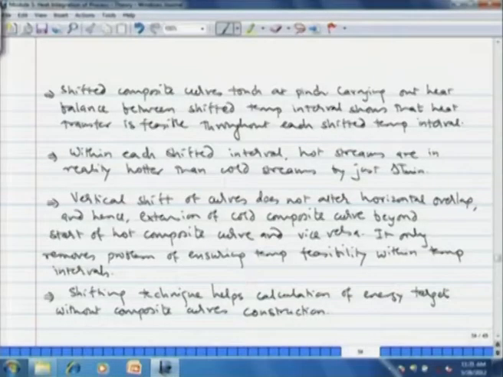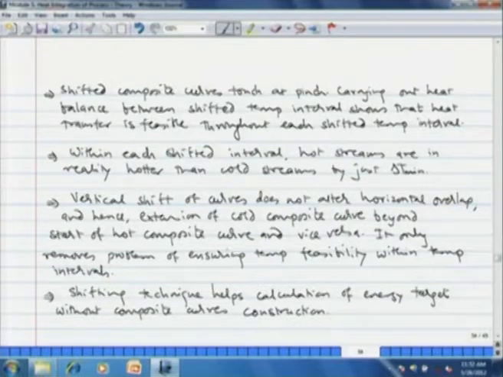Carrying out a heat balance between the shifted temperature intervals shows that heat transfer is feasible throughout each shifted temperature interval. Within each shifted temperature interval, the hot streams are in reality hotter than the cold streams by just delta T min. Meaning in reality the difference exists by delta T min.